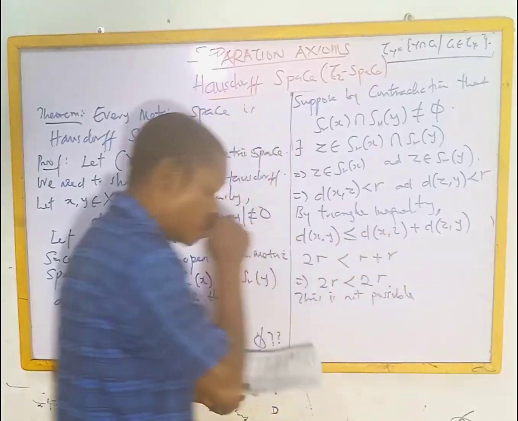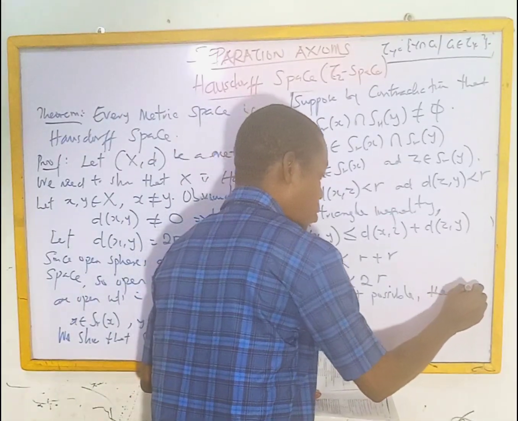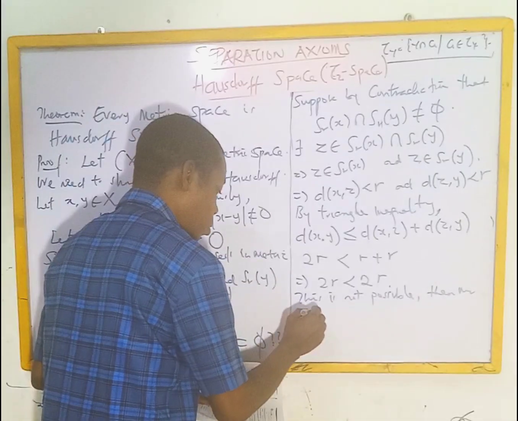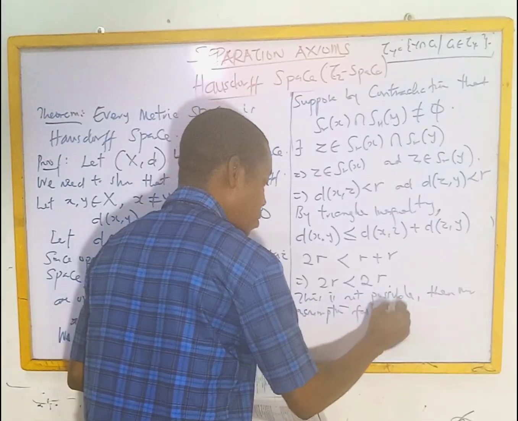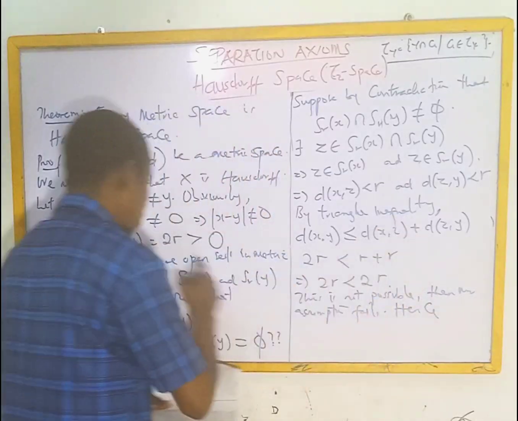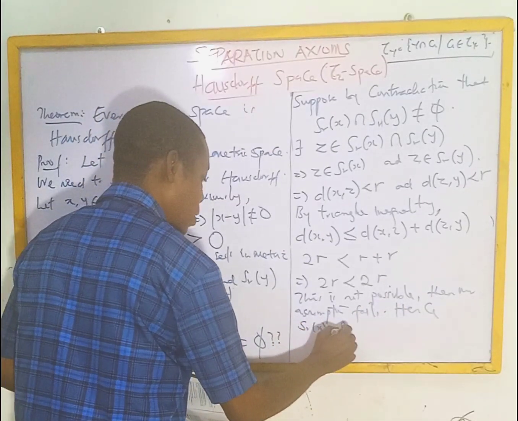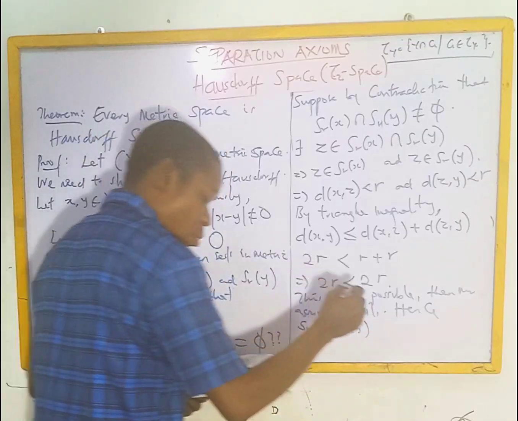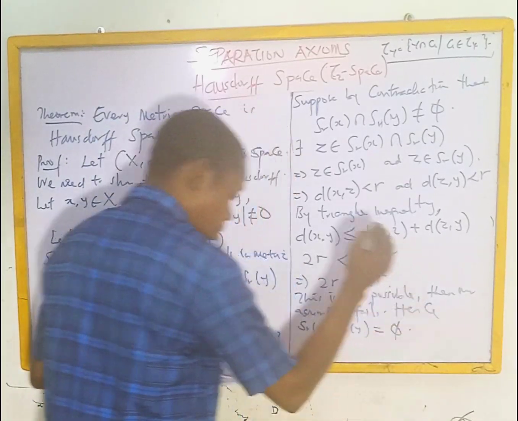Once it's not possible, our assumption fails. Hence, we can only have X_r(x) intersection X_r(y) being the empty set.